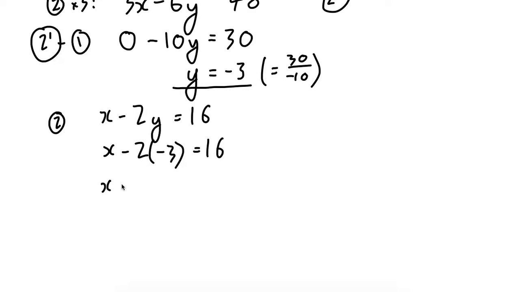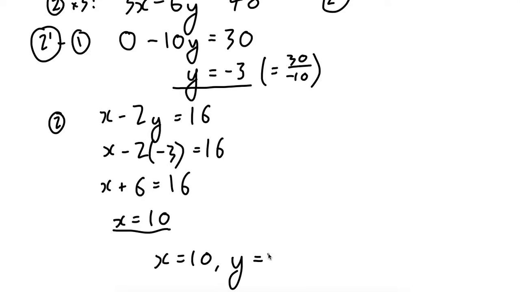X plus 6, right? Minus 2 times minus 3 is plus 6, equals 16. Subtract 6 from both sides, x equals 10. So the full solution is x equals 10, y equals minus 3. Right, so we've actually just solved that system of equations.